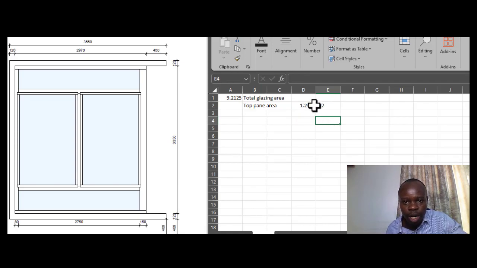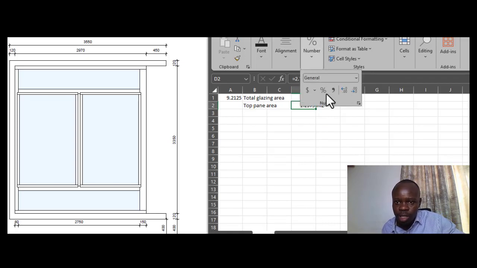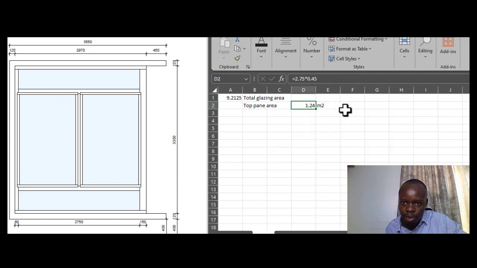You can round it up to whichever figure you wish. For instance, you can choose how many decimal places. Let me say 2. So that is 1.24 square meters. So there are two panes. The top and the bottom panes are 1.24 square meters.